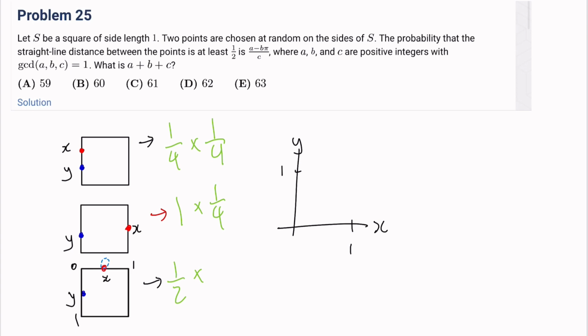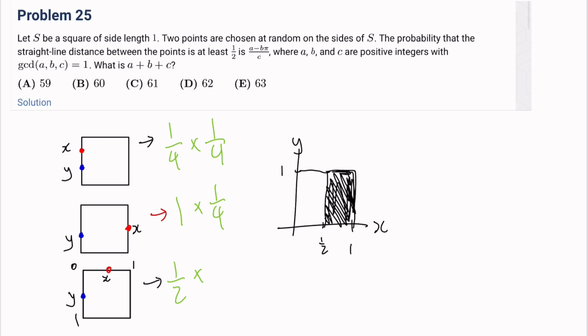If x is at the halfway point or further than that, so if x is anywhere from 1/2 to 1, then y can be anywhere from 0 to 1. So this whole thing is shaded in, right?